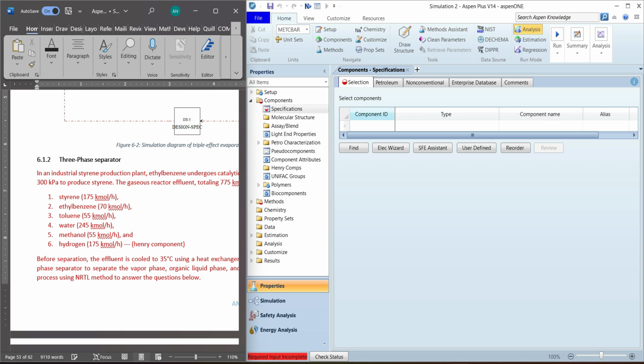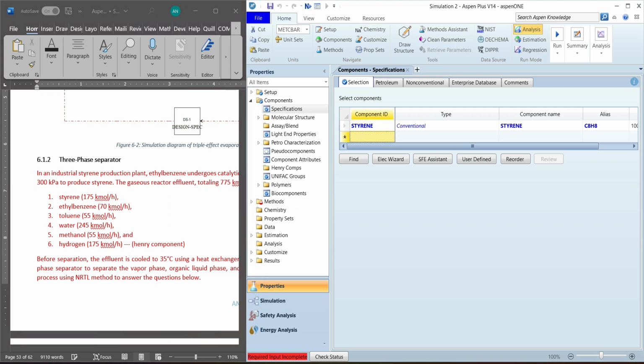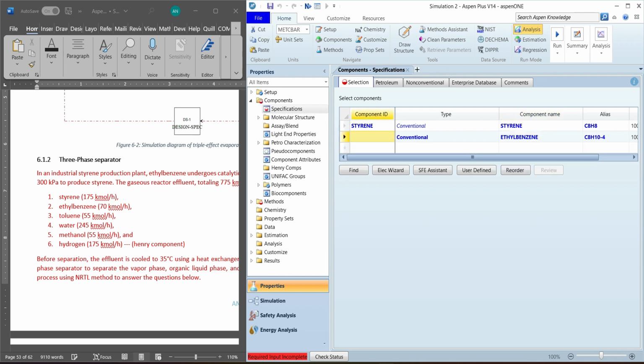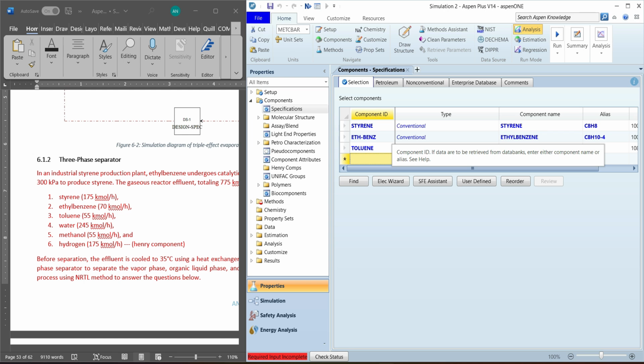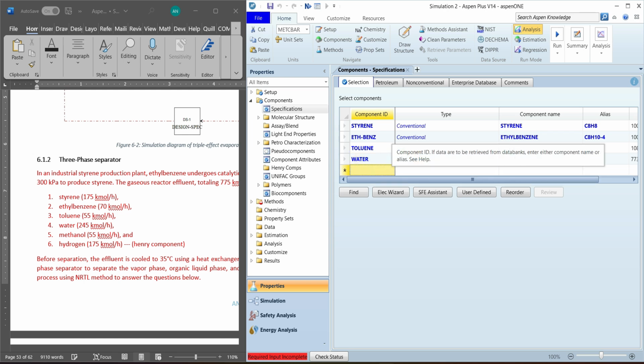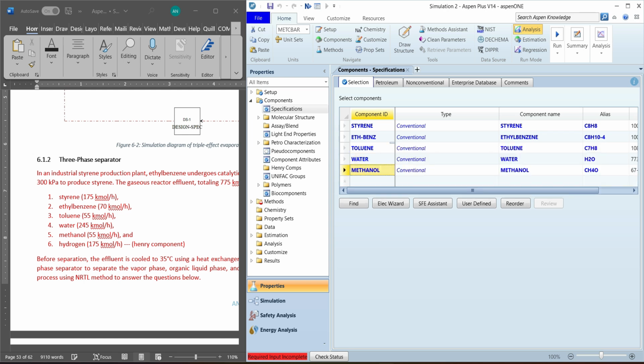The required components for this case are styrene, ethyl benzene. We can type in the component name window, ethyl benzene. Let's name it ethyl benzene. Then toluene, water, methanol, and hydrogen.